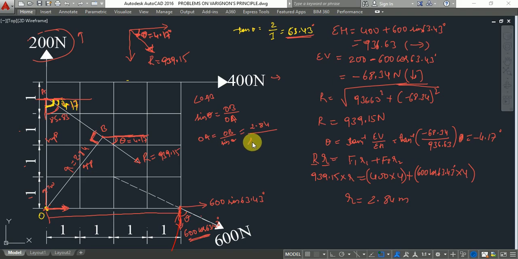2.84 divided by sin 85.83. So OA is equal to 2.84 divided by sin 85.83. So what is the value?